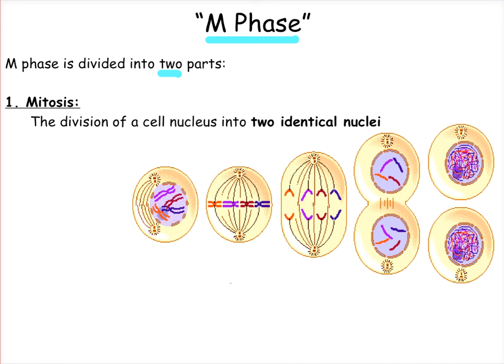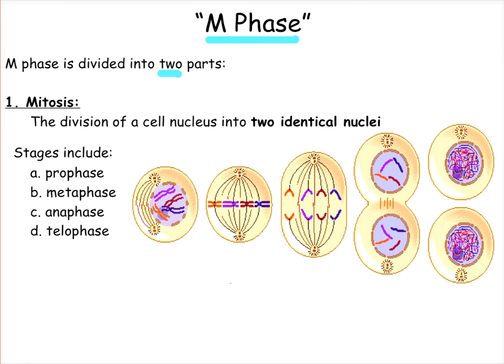Mitosis is further divided into 4 stages. The names of these stages are prophase, metaphase, anaphase, and telophase. You can see pictures in sequential order here.